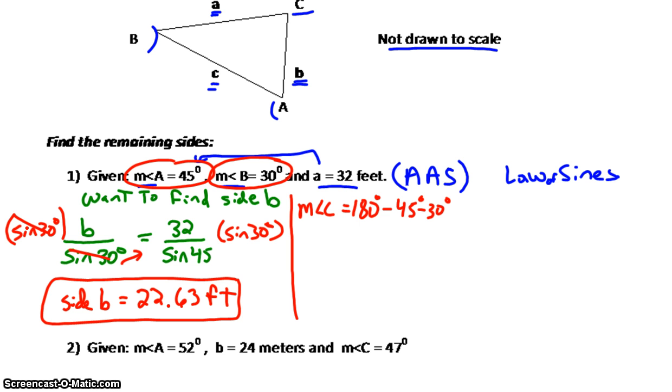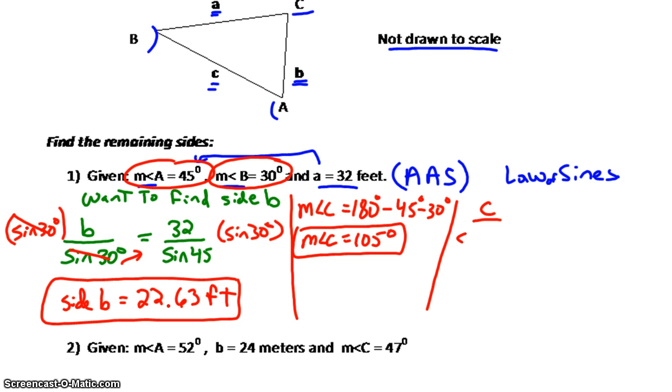And when we do that, we find out that the measure of angle C for this problem will be 105. Of course, our triangle doesn't look like it has any obtuse angles, but again, it's just a reference for us. So if I have that, then I want to find my side C.